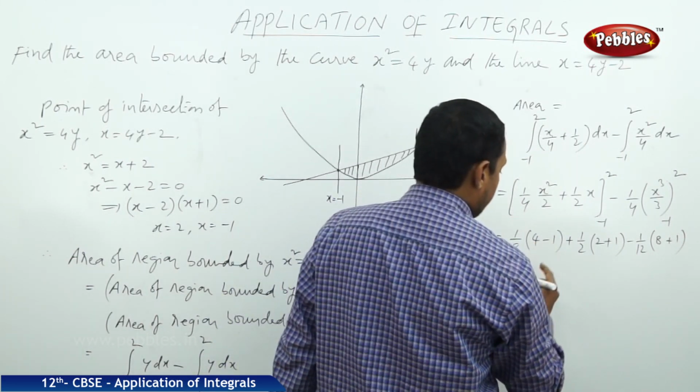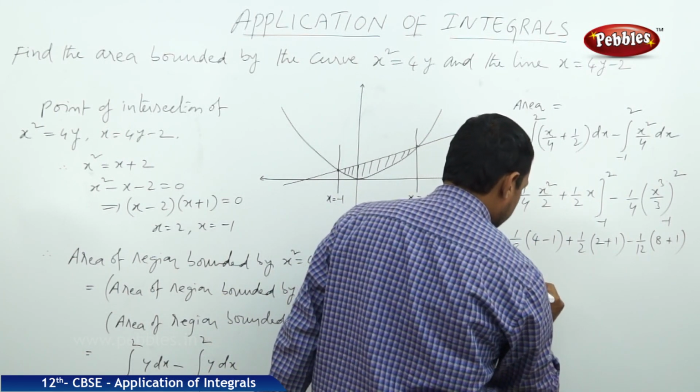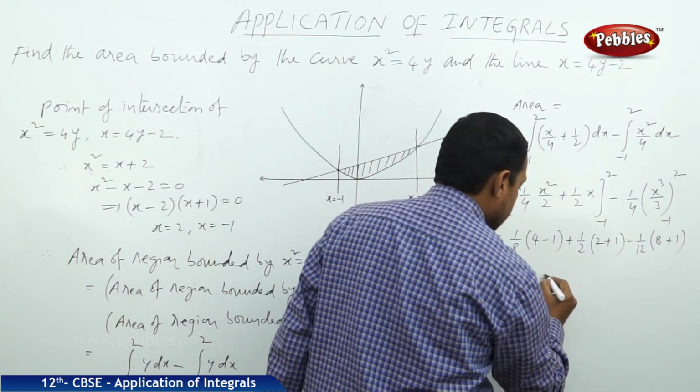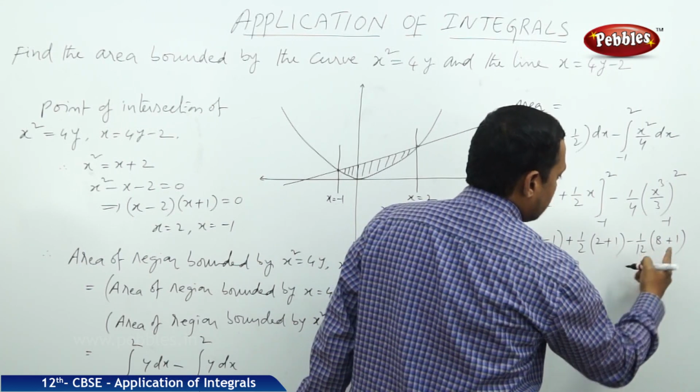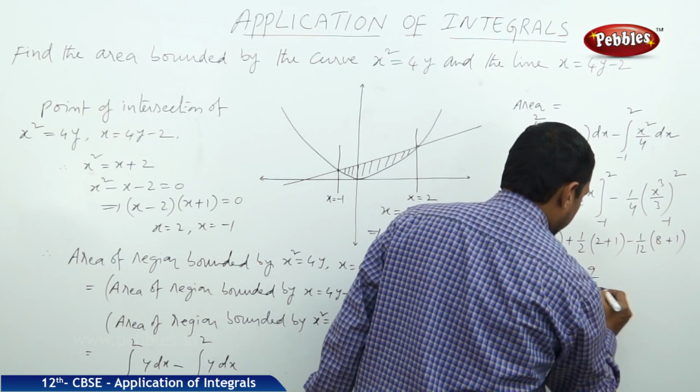Now 4 minus 1, 3 by 8, plus 2 plus 1, 3 by 2, minus 9 by 12.